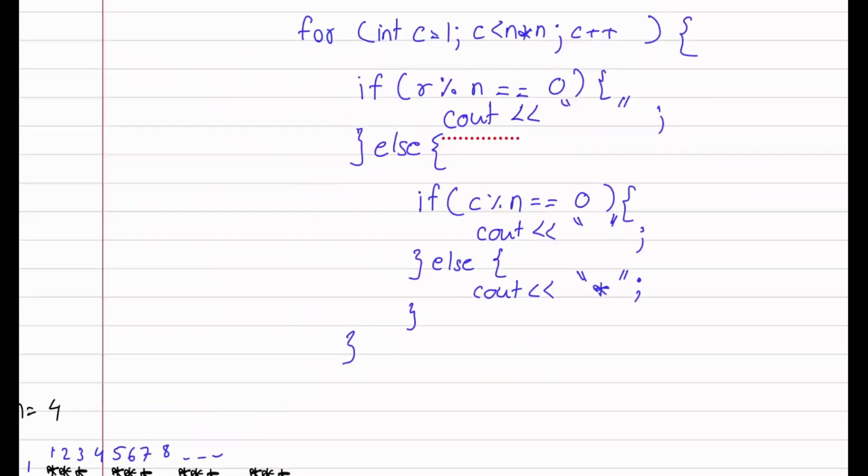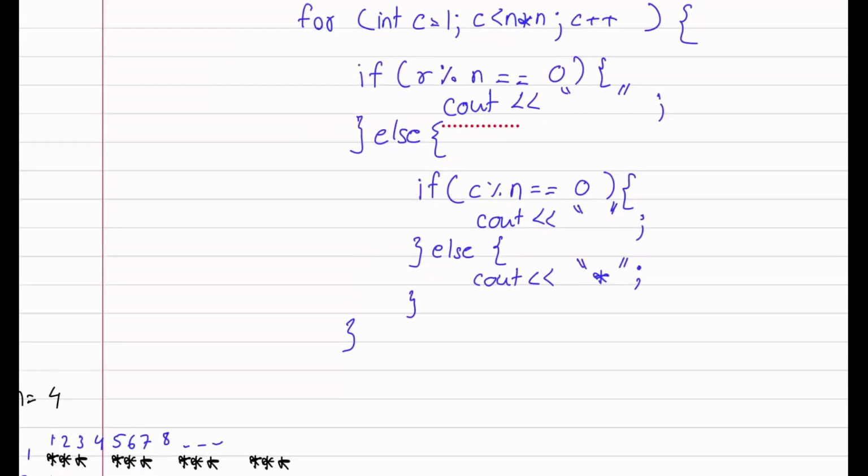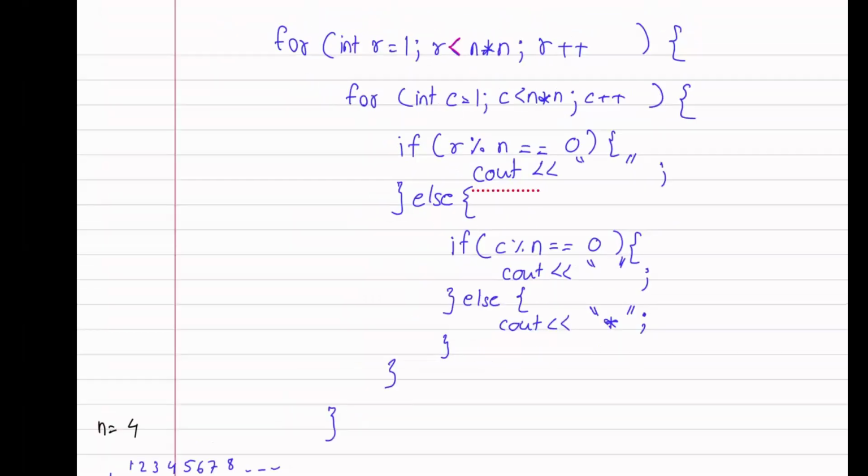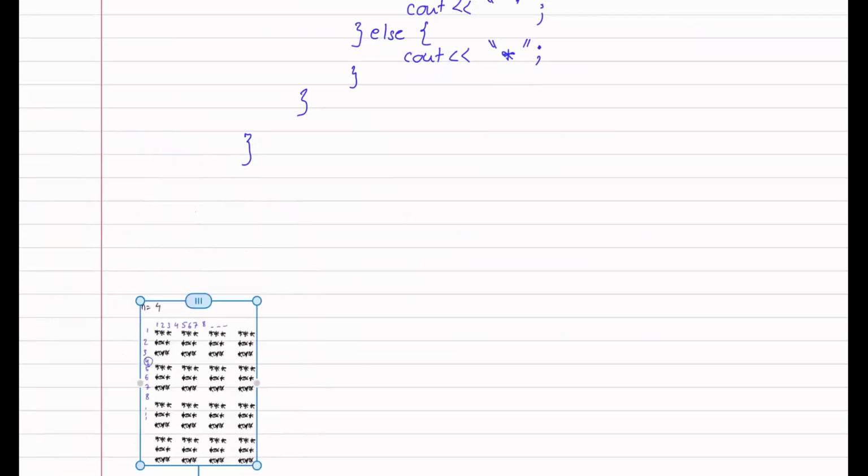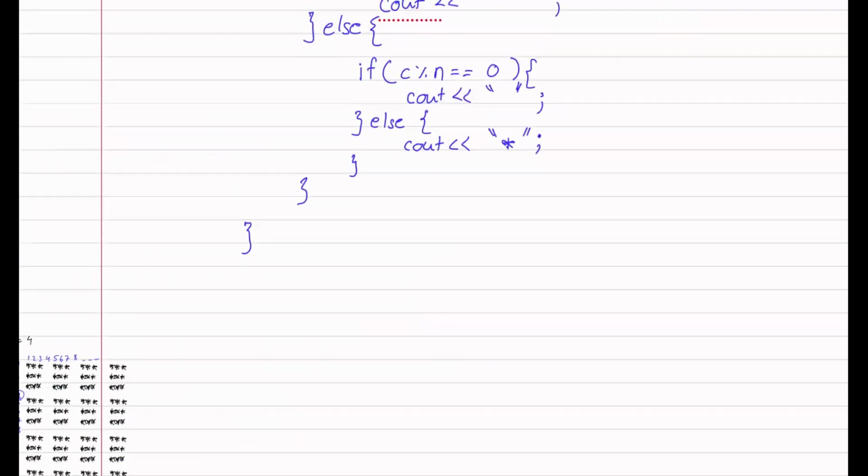Okay, let's check the parenthesis, let's check the brackets. And then in the end you need to print return 0.